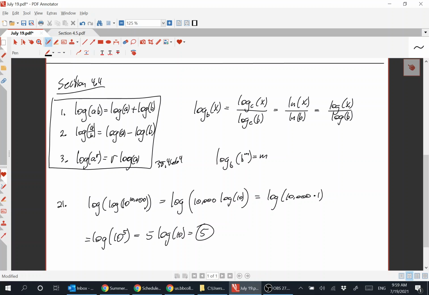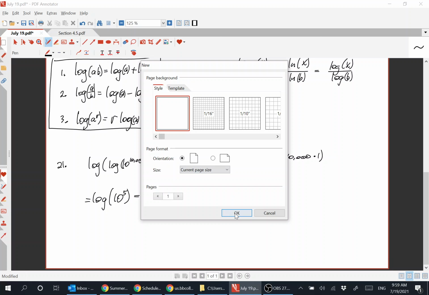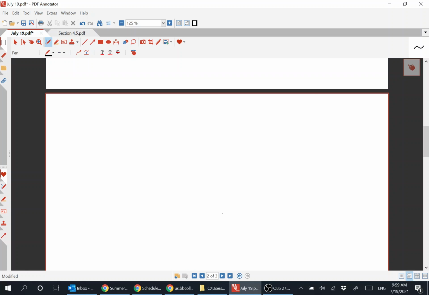So number 38. So number, let's say 36 and 37. So 36 is log base 2 of s to the 5th over 7t squared. So it's asking you to expand this expression.